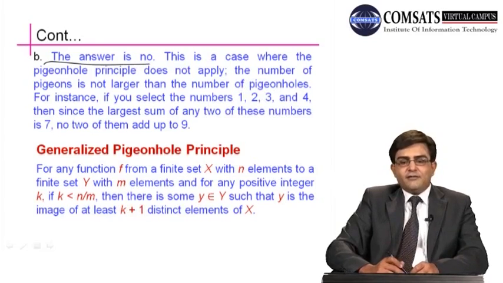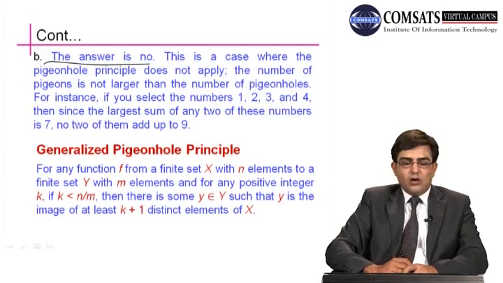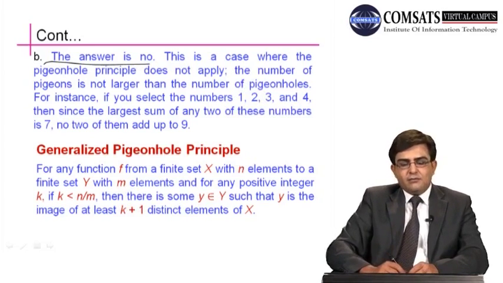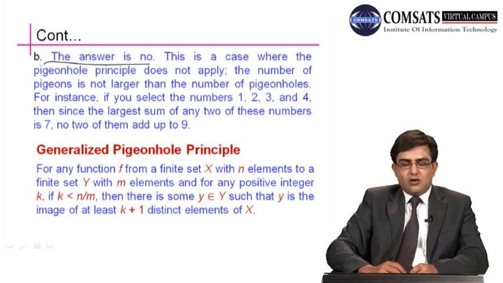For any function f from a finite set X with n elements to a finite set Y with m elements, and for any positive integer k, if k is less than n divided by m, then there is some y belonging to the codomain set Y, such that y is the image of at least k plus 1 distinct elements of X.